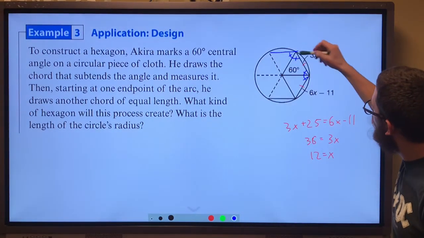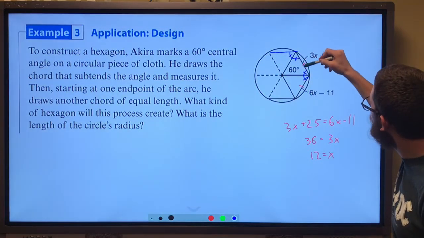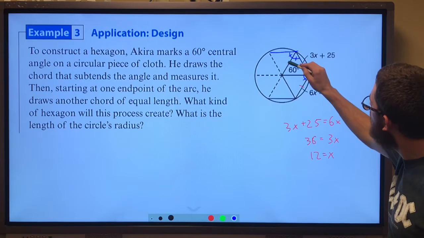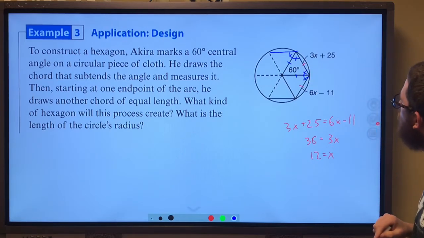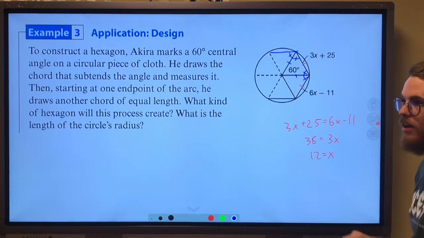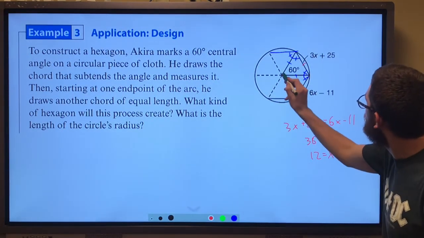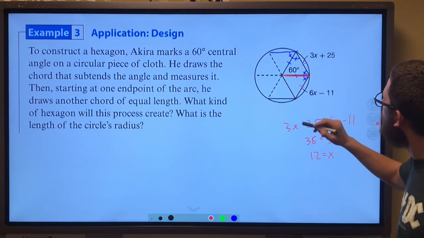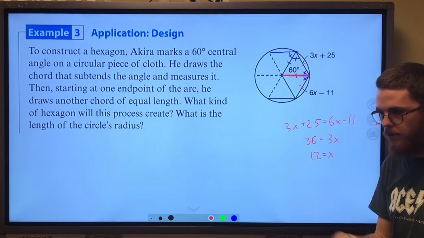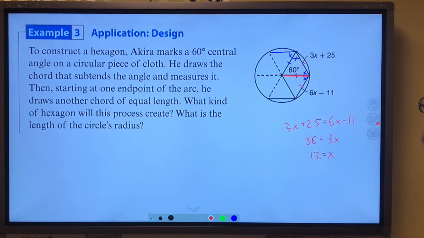If this is 60 degrees, I know a hexagon forms 120 degree angles, so both of these would have to be 60 degrees. And so this is an equilateral triangle, which means that these side lengths are congruent to the side length of the chord. So if I want to find the radius of this circle, it's the same thing as the length of the chord. I know I said all of that, but take a second and look at it if you need to.